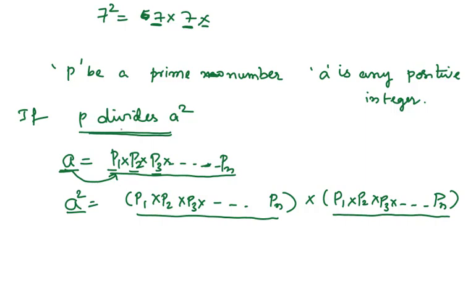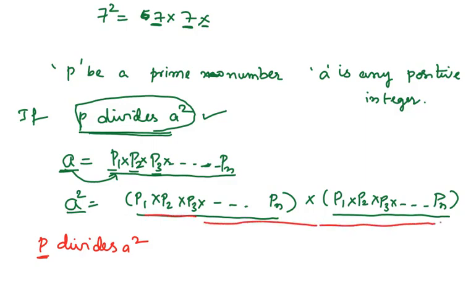Now if p divides a square, for example we take this statement as true. Which statement? p divides a square. If this statement is true, what is the meaning? p divides a square means p will be one of the factors in the prime factorization of a square.